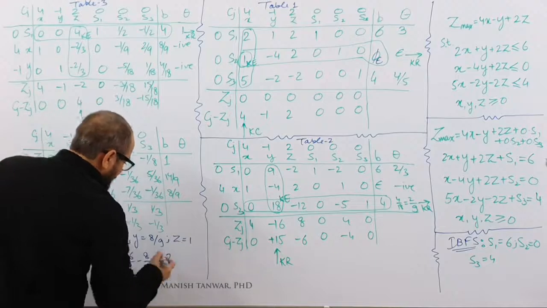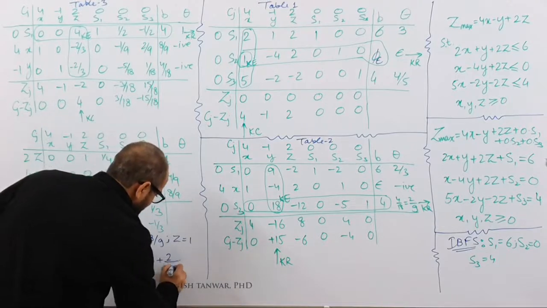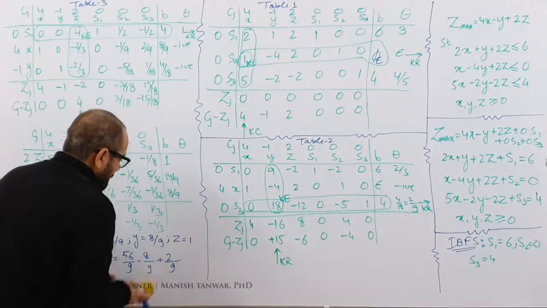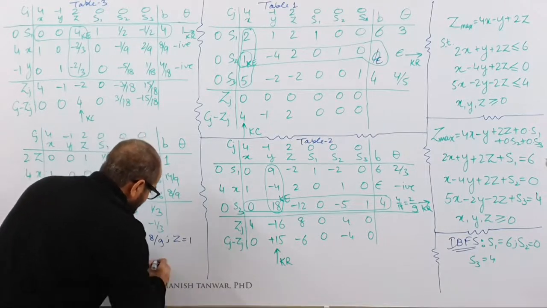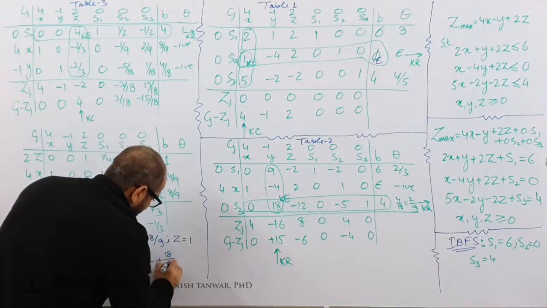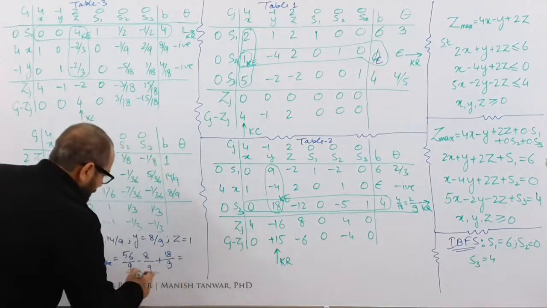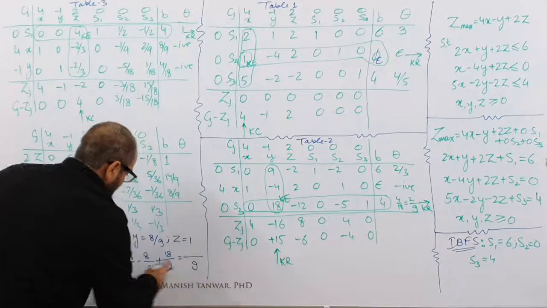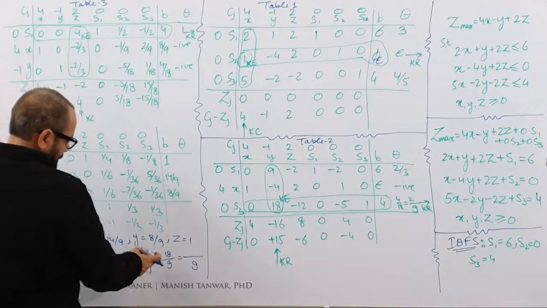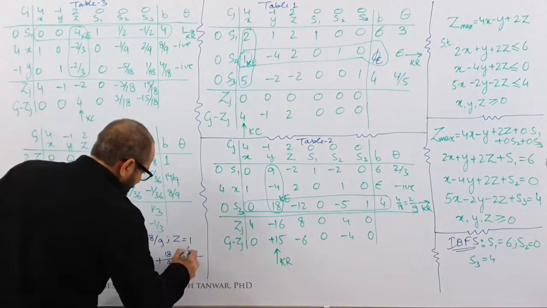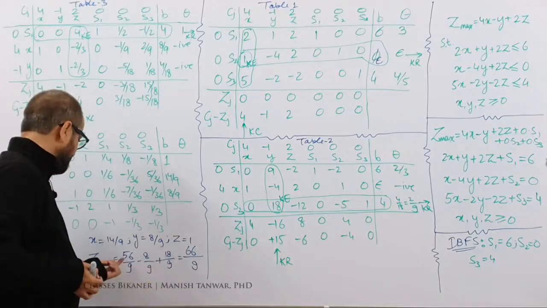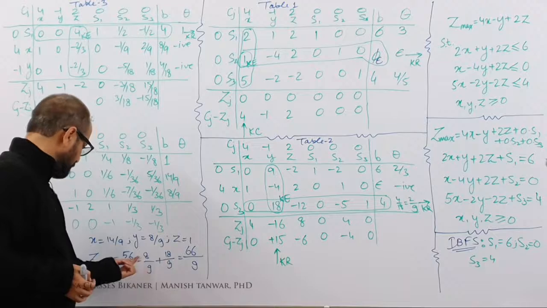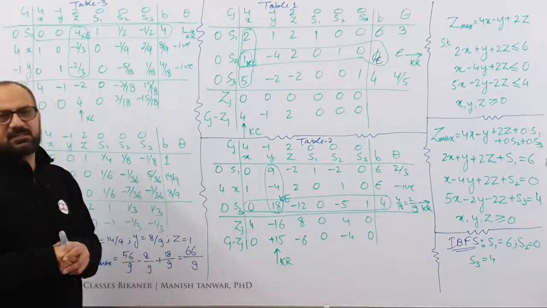If you take LCM as 9, this will become 18. Giving you a value of 9. 56 plus 10, it is 66. So we have a Z max of 66 by 9, and X, Y and Z values are such.